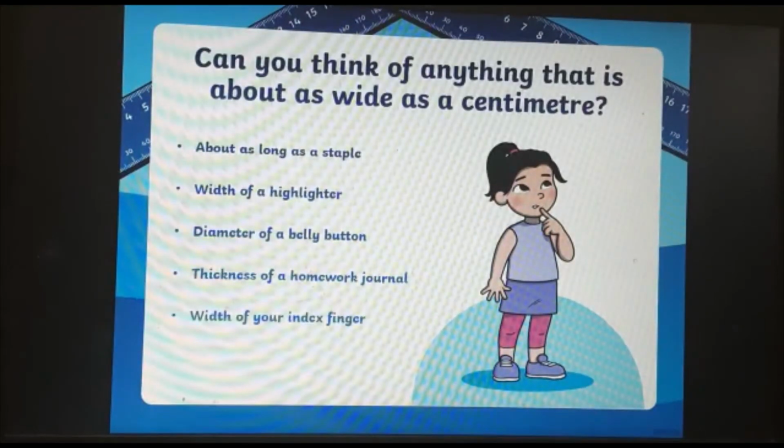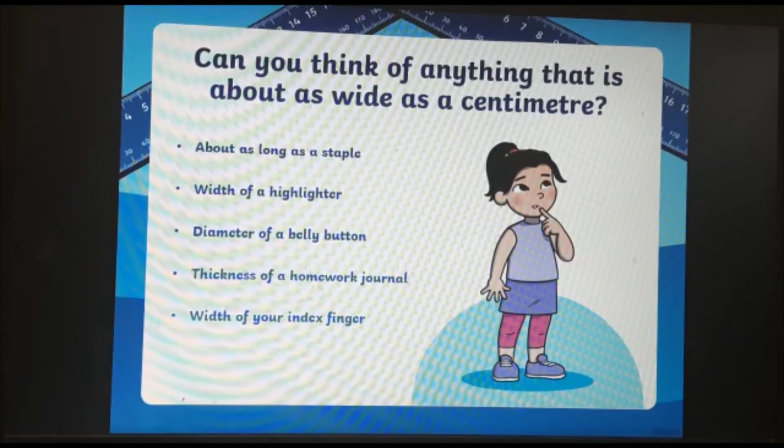Good thinking and good calculation. But I have some examples for you, some things that I have in mind, and I have kept them on your screen right now. About as long as a staple pin, all right? Width of a highlighter, diameter of a belly button, thickness of a homework journal.